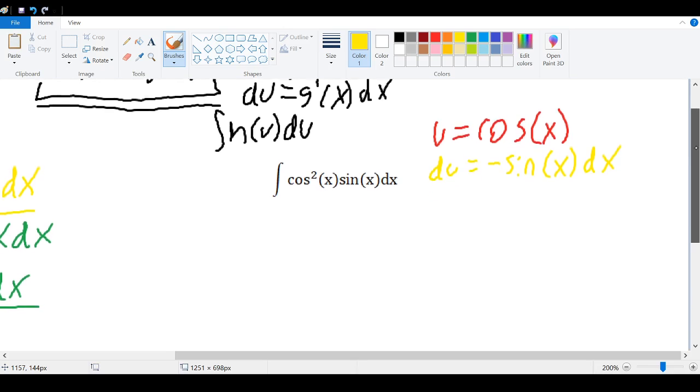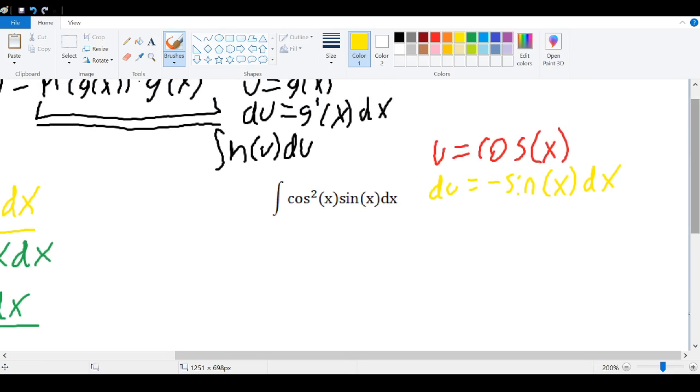All right. And now it looks like what we have is we can rewrite this integral as cosine squared. That just becomes u squared.